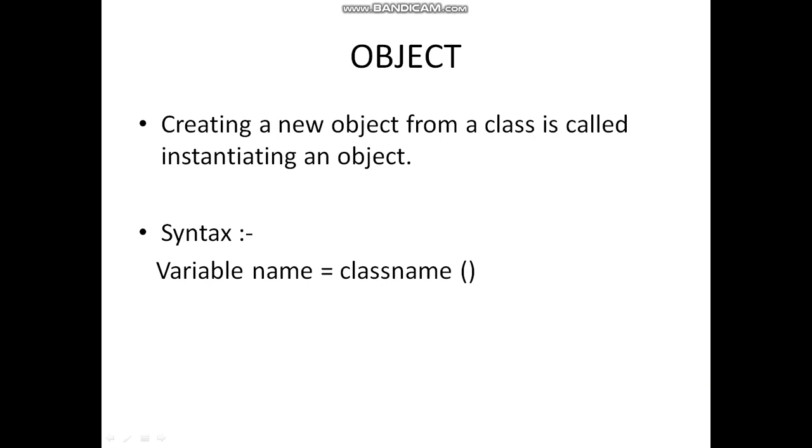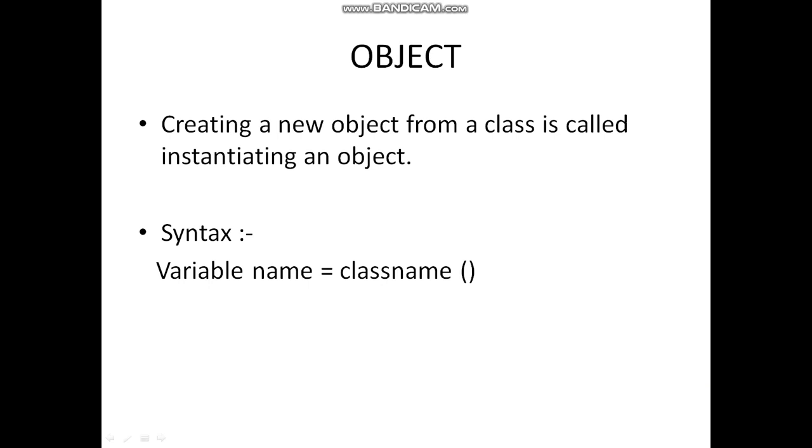Suppose we are taking an example of a car with the class name car, and you know that the tires are 4 and it has 2 headlights. If we give this much about the features of a car, then the object can be any car, right? It can be BMW, Audi or anything, which is an object.